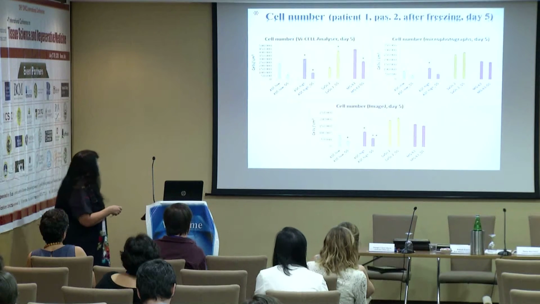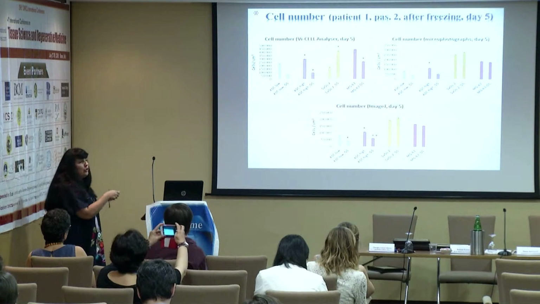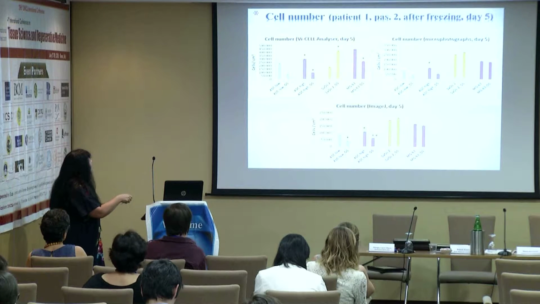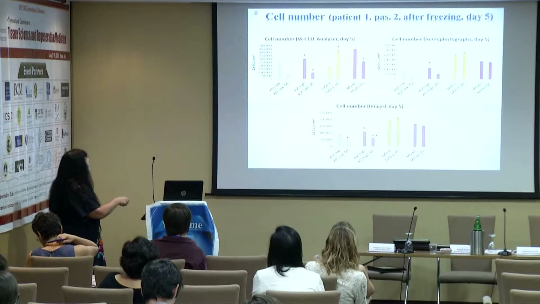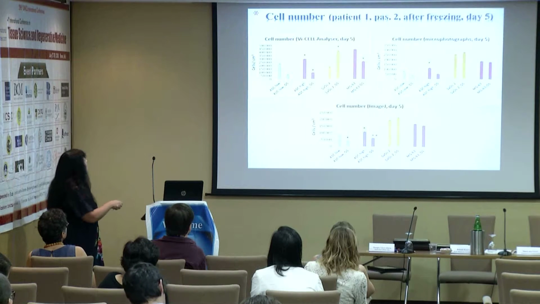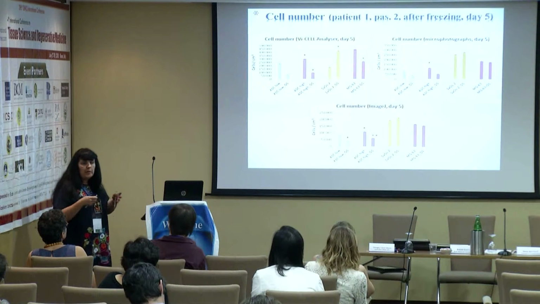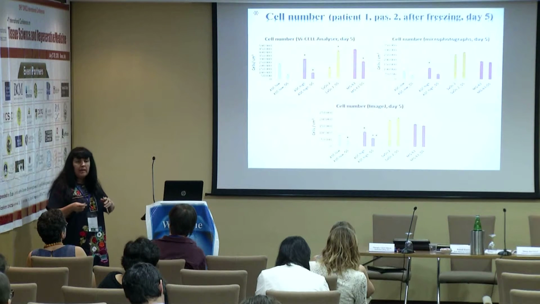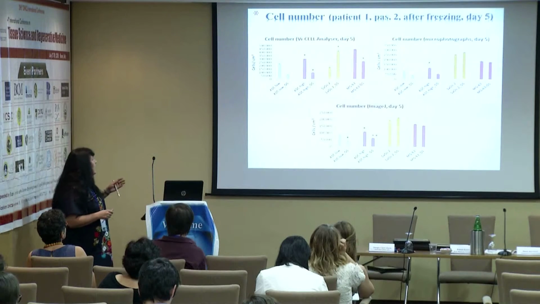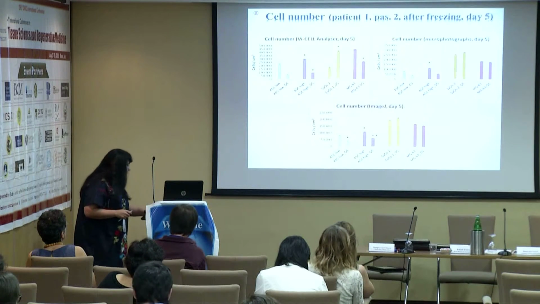Here you can see cell number, because we should count cells, and stem cells in general grow more slowly than cell lines, and you can see again low pressure is slightly worse than high pressure, and it was after repeat passaging and freezing and thawing the cells, and the difference still persisted.